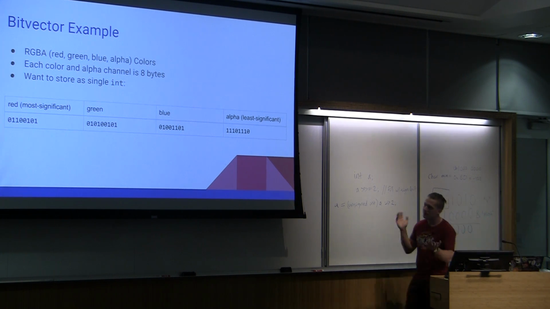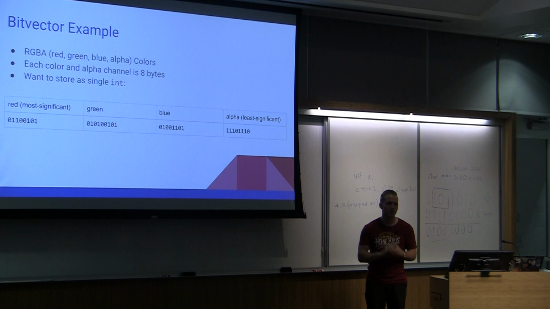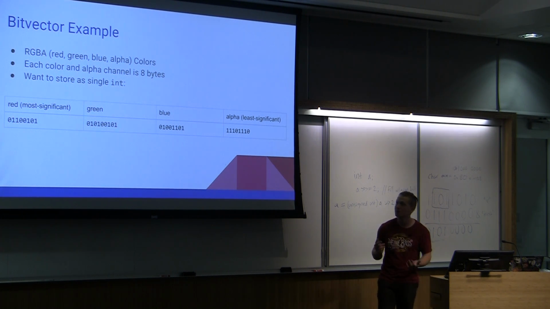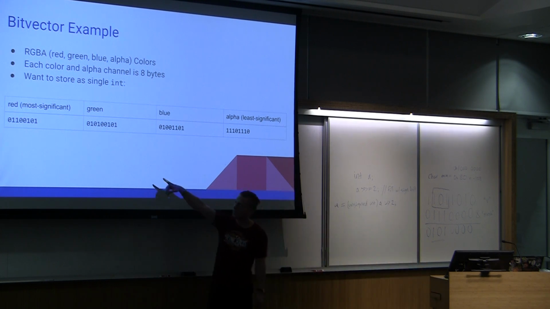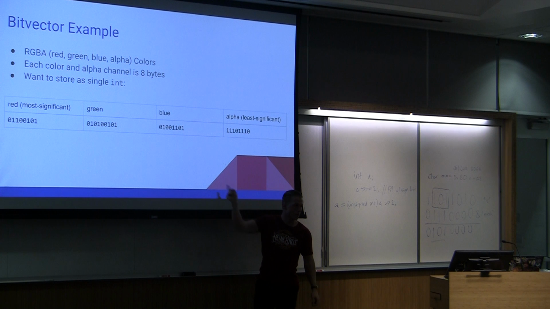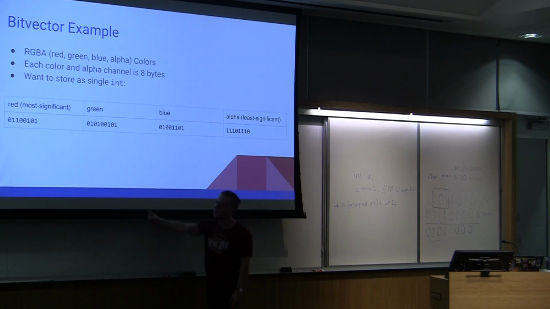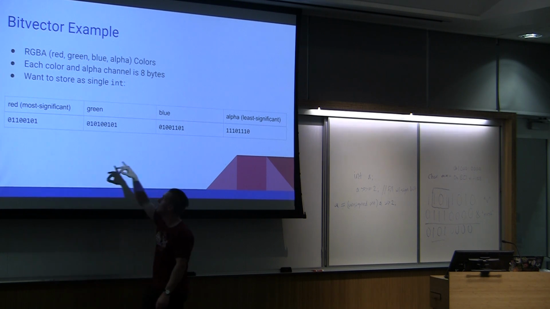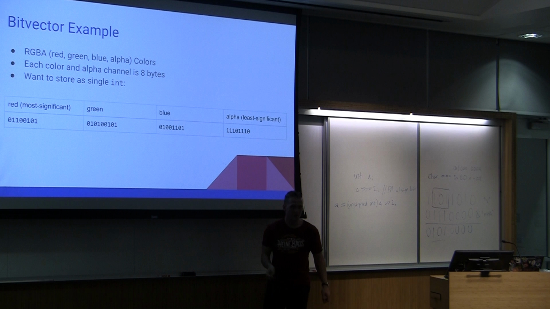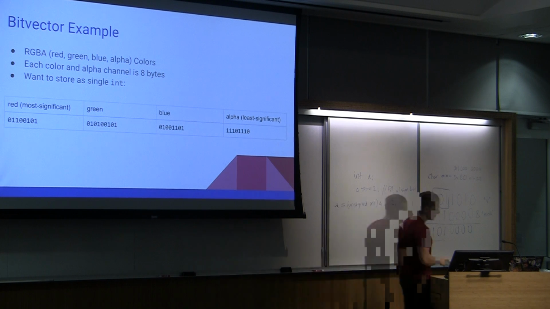And so just arbitrarily I say I want to store this pixel's color inside a single int, just to save space, for example. So here I've written the format that I want to store it in. The 4 boxes here represent the 4 bytes of an integer. And so in the most significant area of the integer, I want to store the red channel, and then green and blue, and then alpha over here on the right in the least significant channel.